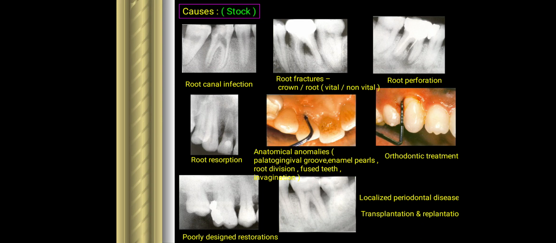Poorly designed restorations like overhanging restorations in the periodontal area may cause irritation to the periodontium and lead to periodontal lesions. Localized periodontal disease like transplantation and replantations.